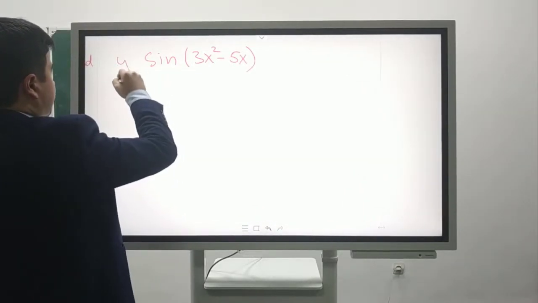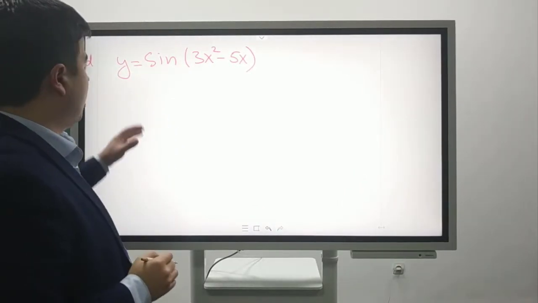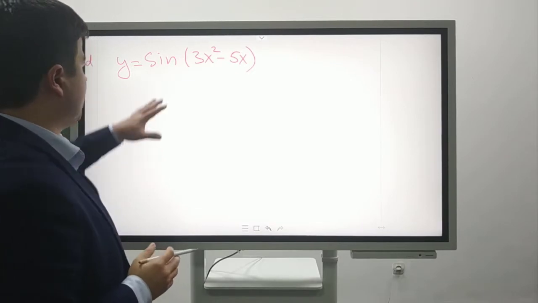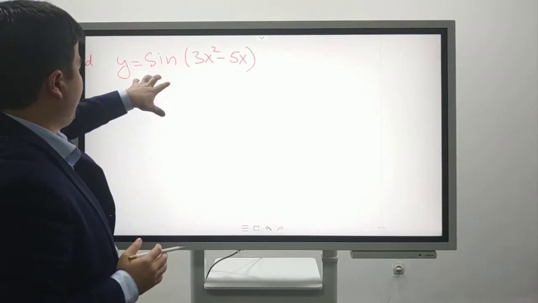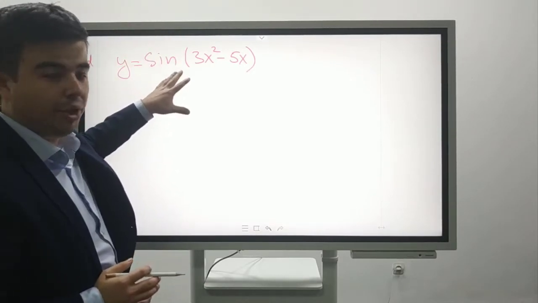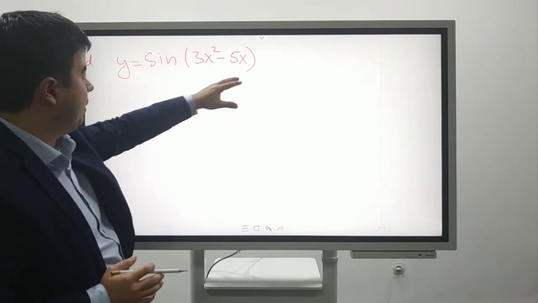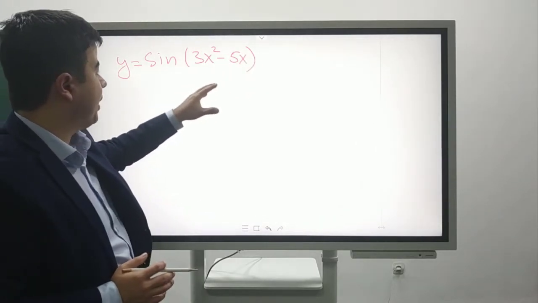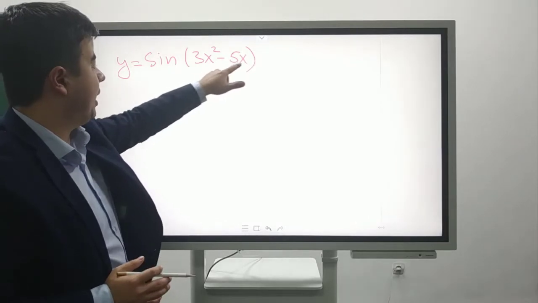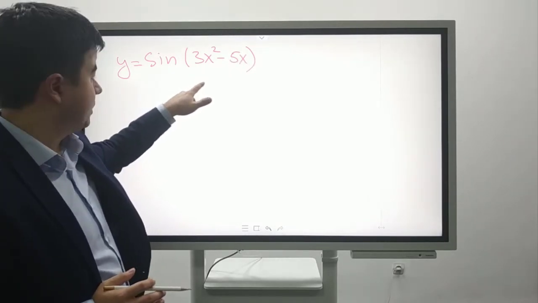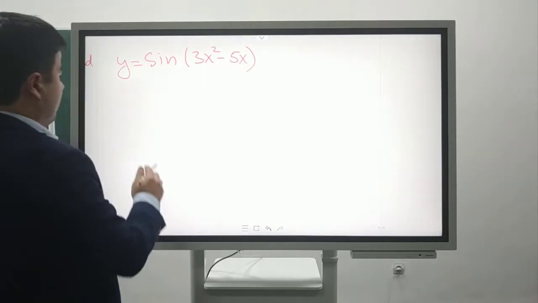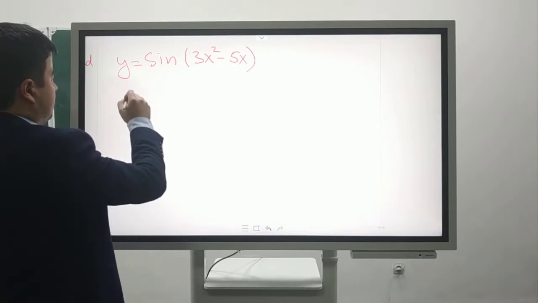Let's denote it by y. How to find the derivative of this function? This is a composite function, because here we have sine, the main function, f of x, and in the argument we have again a function depending on x. This is g of x. And now let's start taking the derivative.